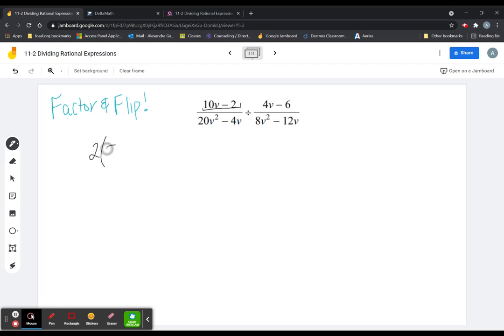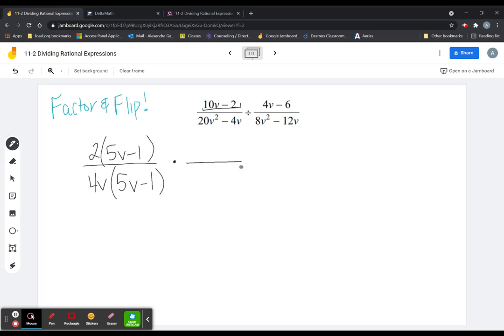So it's 2 and then 5v minus 1. Here, in the denominator, it looks like I have a v in common and 4 is a common factor. So I'm going to pull out 4v. And I get 5v minus 1. Okay, that's going to be nice.